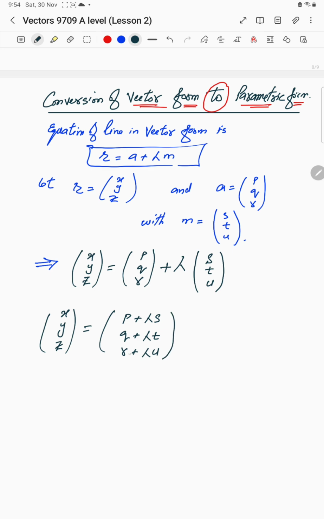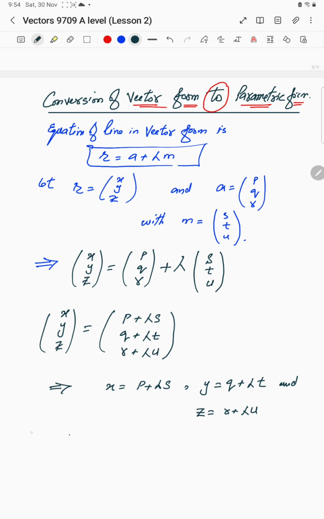Here we are equating the coordinates. x equals p plus lambda s, and y equals q plus lambda t, and z is equal to r plus lambda u. These are the parametric equations in which lambda is a parameter sitting between the x, y, and z.